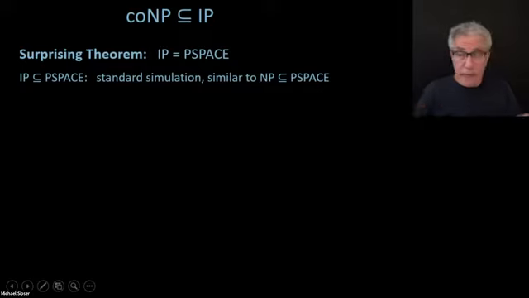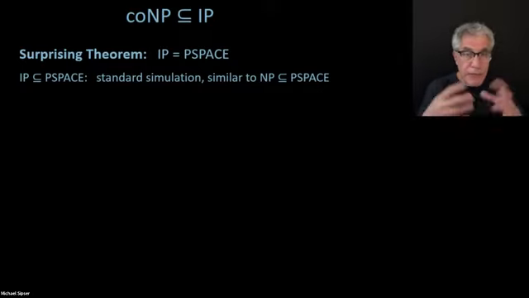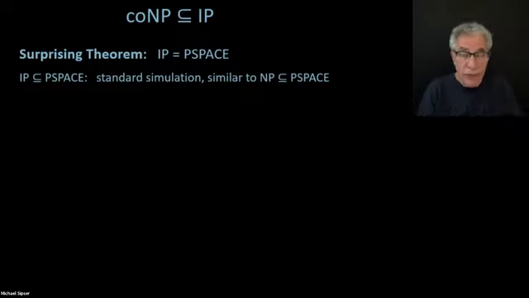One direction of that is a fairly standard simulation. With PSPACE, you can basically work your way through the tree of possibilities for an interactive proof protocol, and you can calculate the probability that the verifier would end up accepting if you had the best possible prover that would try to make the verifier accept. You can just do that calculation.